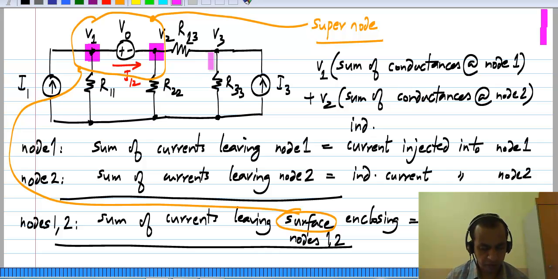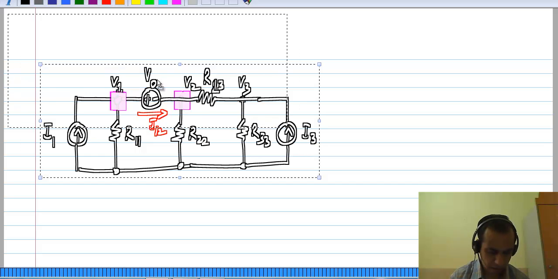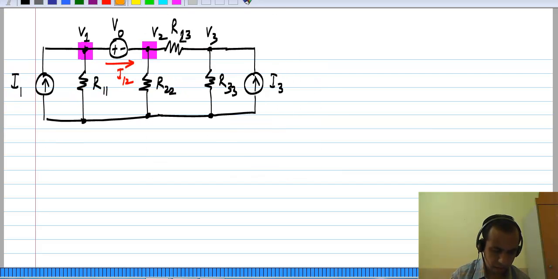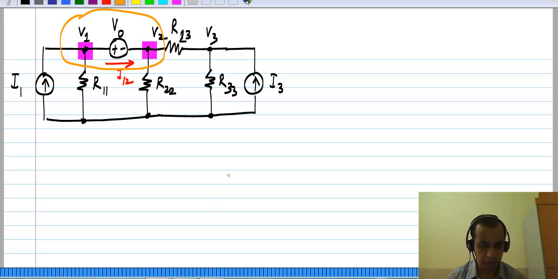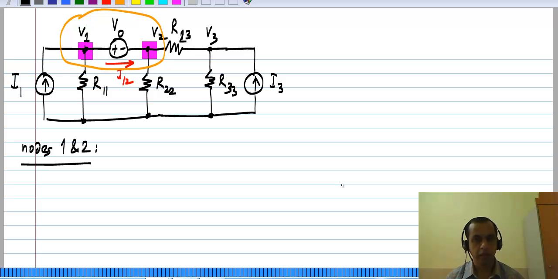If you have conductances between node 1 and some other node, you will have other terms corresponding to that. So this will be obvious from the example. This is the supernode.